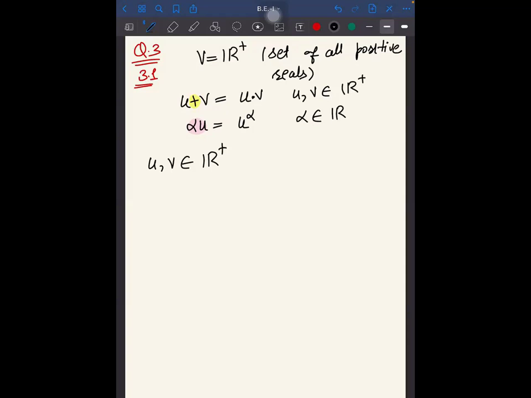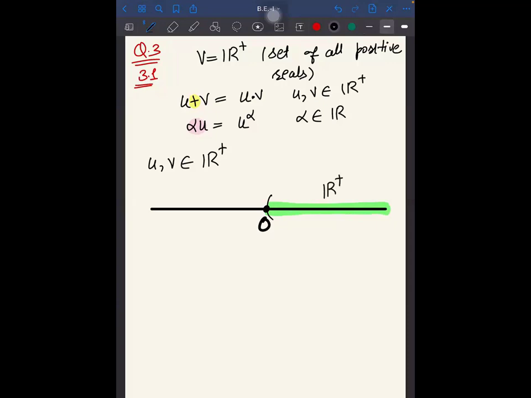Our set is something like this, starting after 0. This is our R positive. Is it okay?